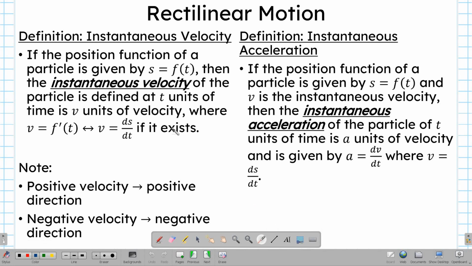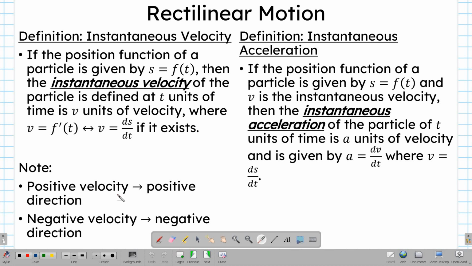So the instantaneous velocity is defined as follows: given the position function s equals f of t, the instantaneous velocity of the particle at t units of time is v, where velocity is equal to the first derivative of the position function, if it exists. Remember, there are derivatives that do not exist. Do take note that positive velocity means we move in a positive direction, and negative velocity means we move in a negative direction.